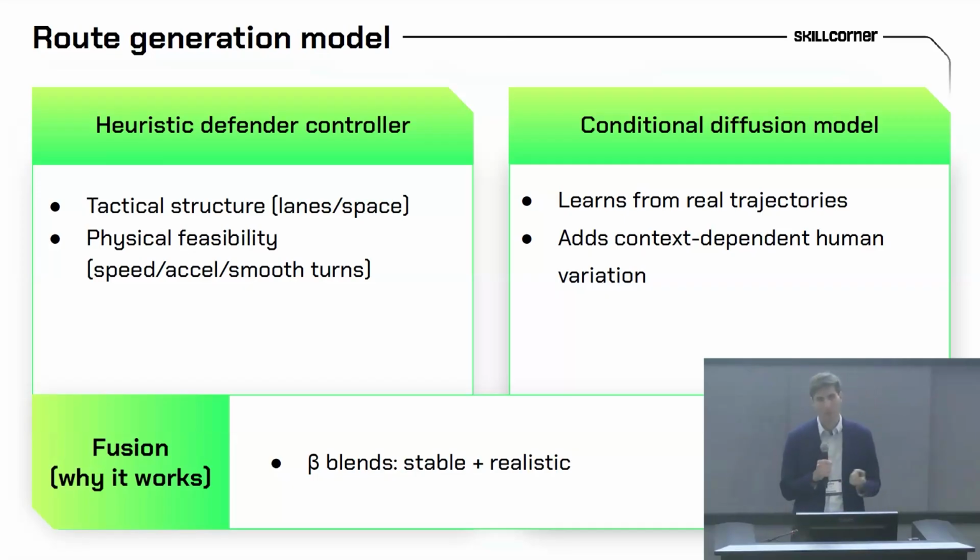But the diffusion model is a reality check, and it generates from what it's learned from the tracking data and all of these real events that SkillCorner provided. It generates a realistic suggestion of what to do from there. So when you fuse the two together, you get the best of both worlds: a coach-driven baseline and a reality check from the diffusion model, so all suggestions are realistic.